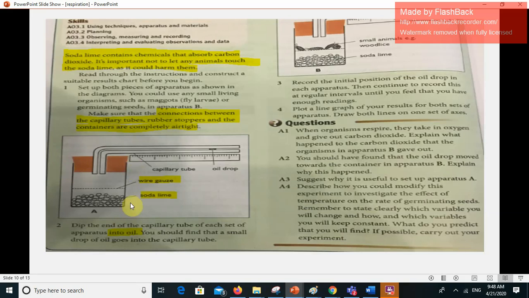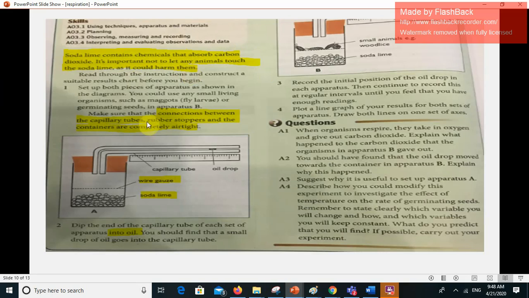Here we have soda lime. This soda lime, look here, I highlighted, that absorbs carbon dioxide. You know that soda lime absorbs carbon dioxide, while hydrogen carbonate is a source for carbon dioxide. So here, soda lime absorbs carbon dioxide.